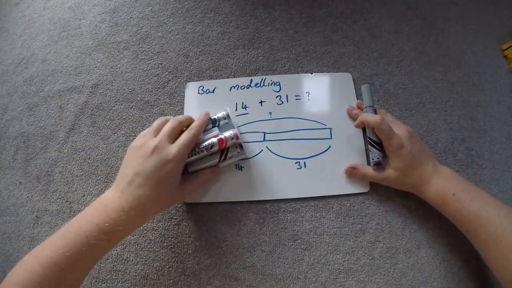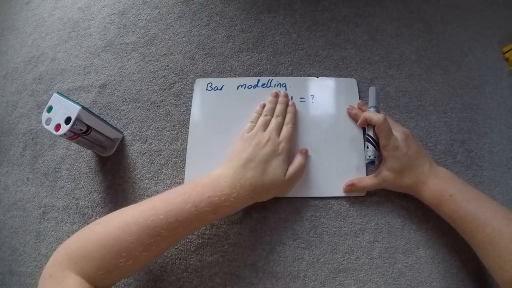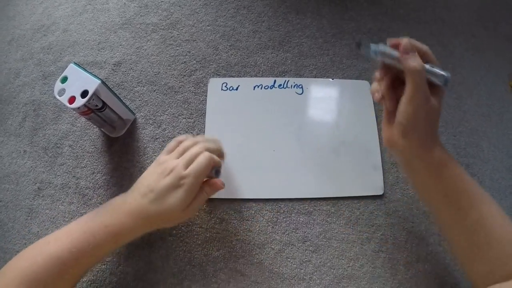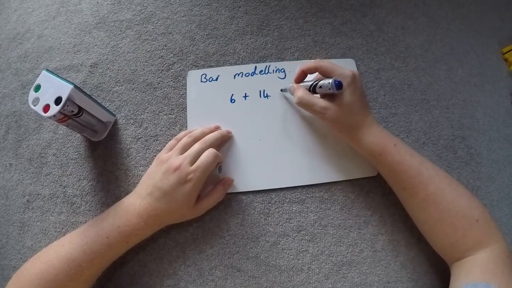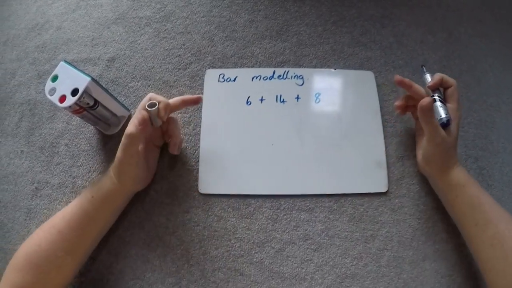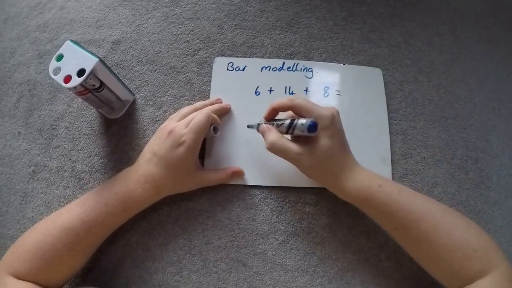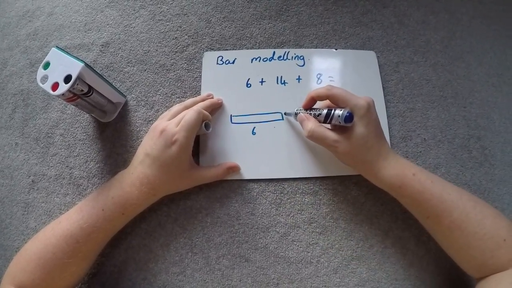So if we were to have a question that was something like 6 plus 14 plus 8, okay, again, we're adding, so we might have a bar of 6.